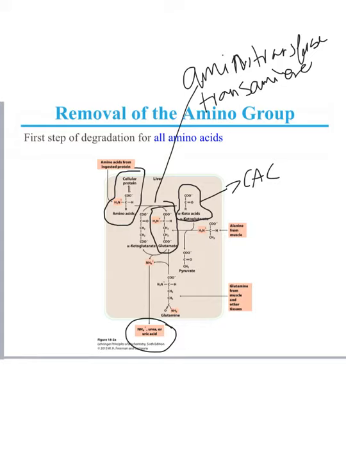Birds and reptiles excrete their nitrogen as uric acid. And some microbes and some fish can excrete their nitrogen directly as ammonia into the water, so you can have high ammonia content in the water. Depending on what the organism is, that determines how we excrete that nitrogen.